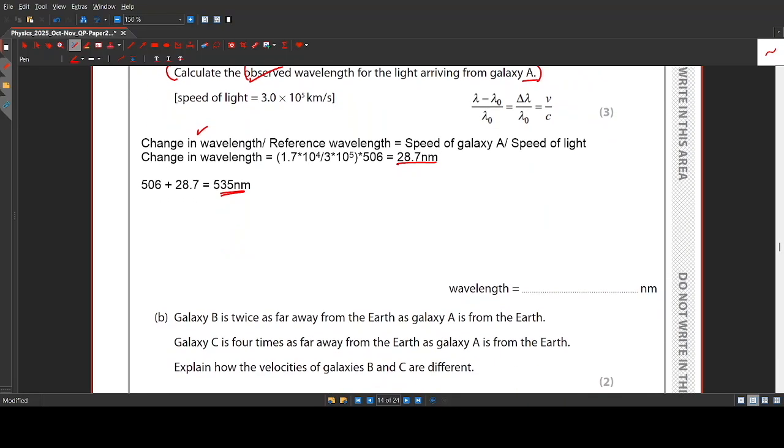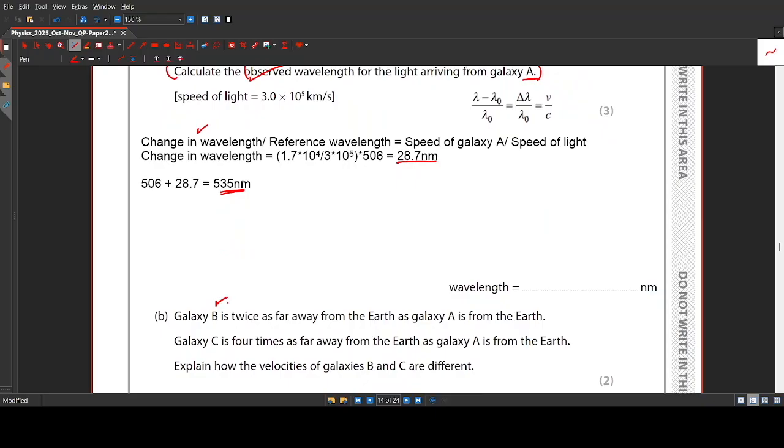Alright, now galaxy B is twice as far from the Earth as galaxy A is from the Earth. Galaxy C is 4 times as far from the Earth as galaxy A is from the Earth. Explain how the velocities of galaxies B and C are different.